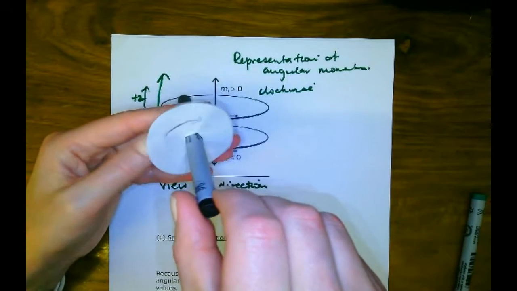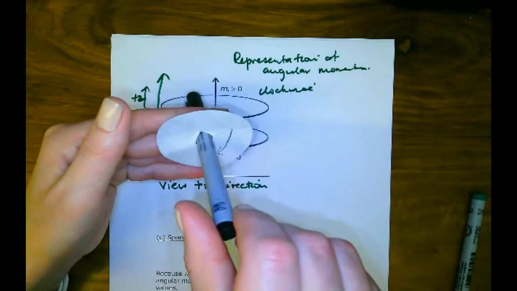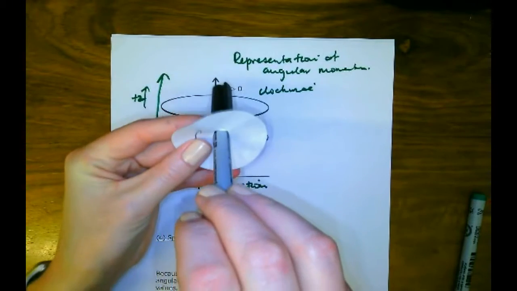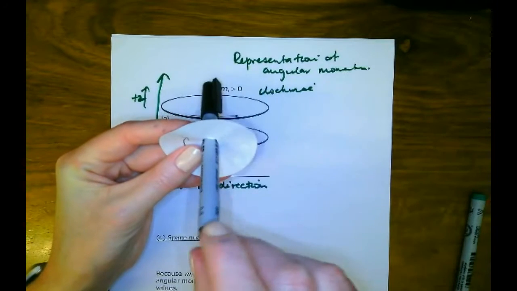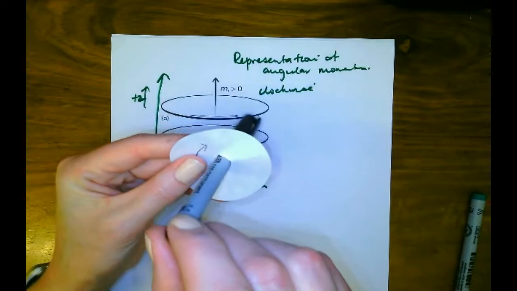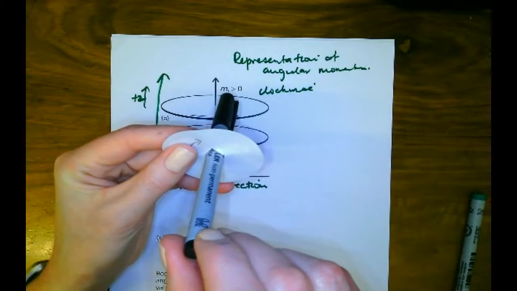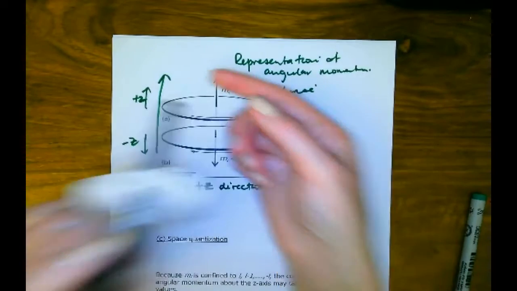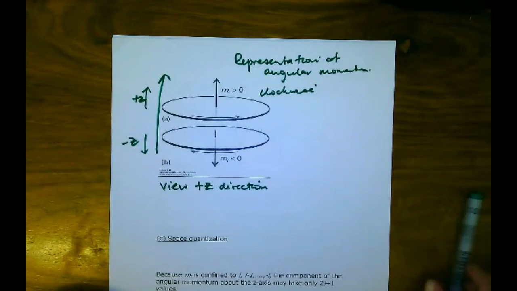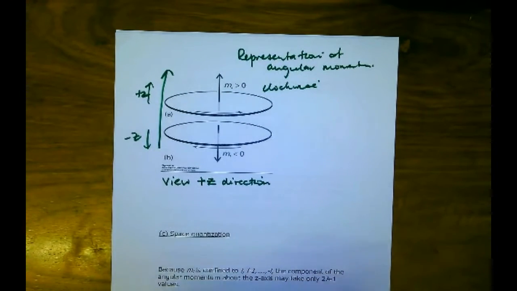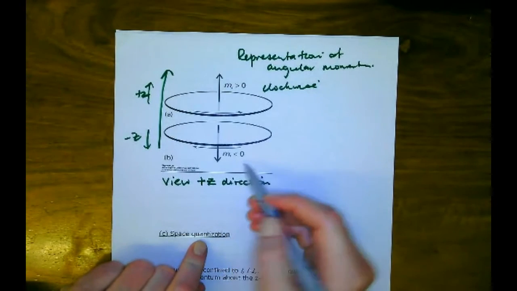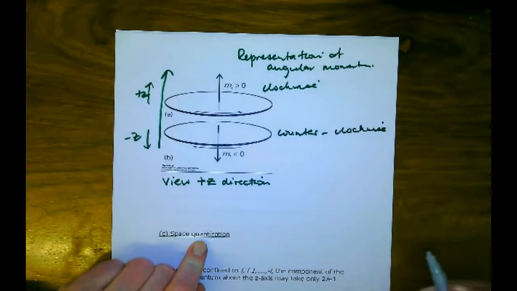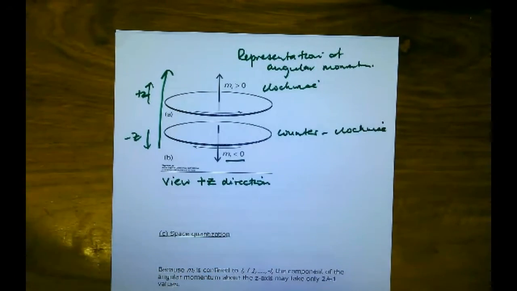So down the pen, this is clockwise, so that is positive ML, and the other direction would be negative. So basically what you need to know, you need to look down along positive z. Otherwise this is ambiguous. If you turn it around, you're going to have a different direction. So in this case, with ML smaller than 0, this will give you counter-clockwise rotation. So ML negative.